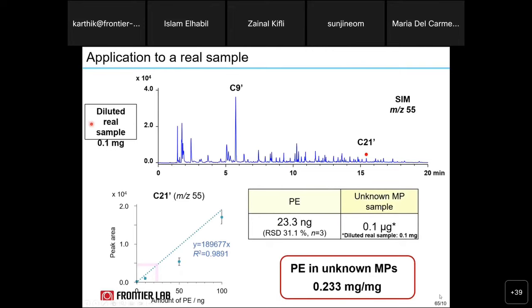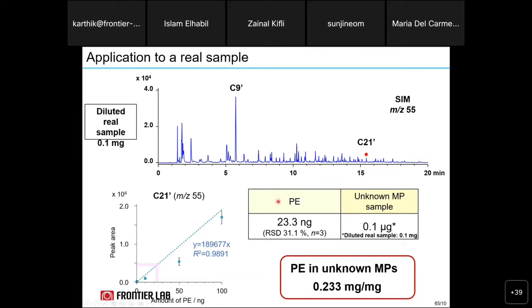This 0.1 milligram showed a concentration of 23.3 nanogram, but this is after the dilution. So the actual concentration in the sample is around 0.233 milligram. This is just to demonstrate the applicability of this multifunctional splitless sampler for nanogram level analysis of microplastics.